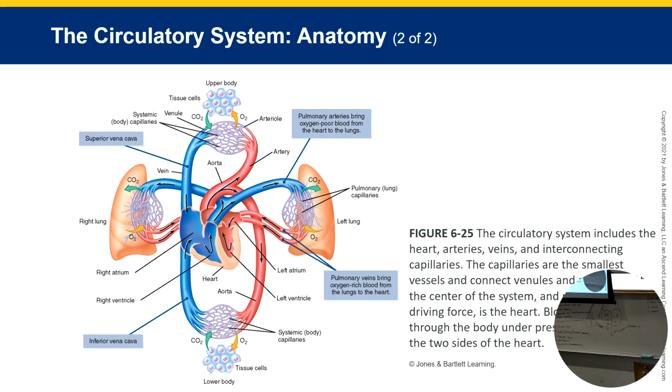Then we're going to go to smaller arteries that we call arterioles. And now we've made our way to capillaries.